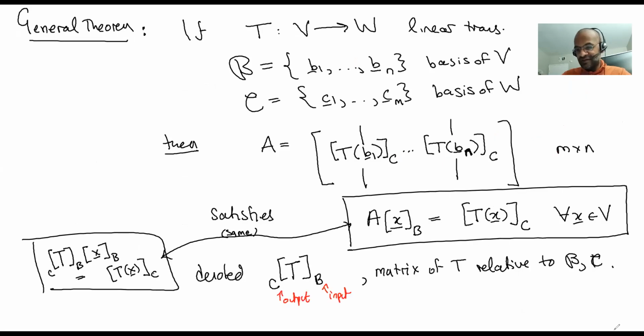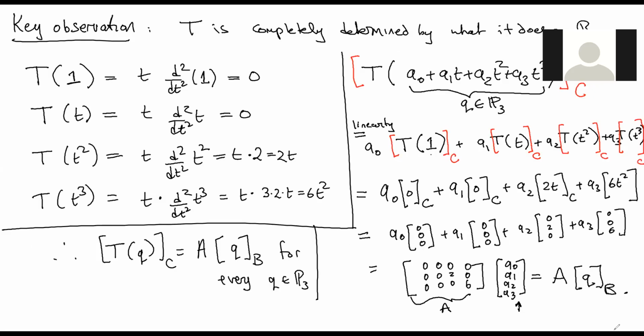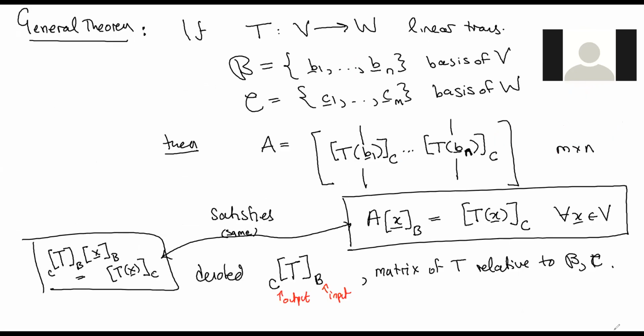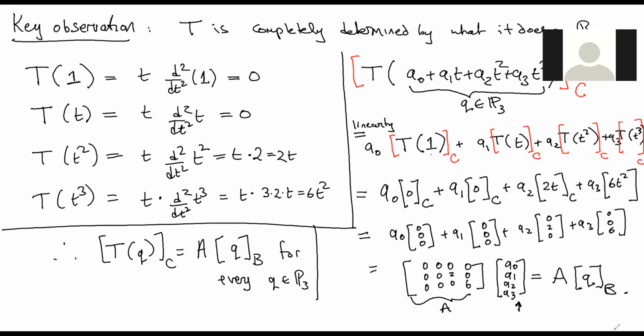So any questions about this statement? For the example you gave us, the conclusion is that for every Q in P3 we have that statement, but this is only based on this specific example. Yeah, this is for this particular T, right?